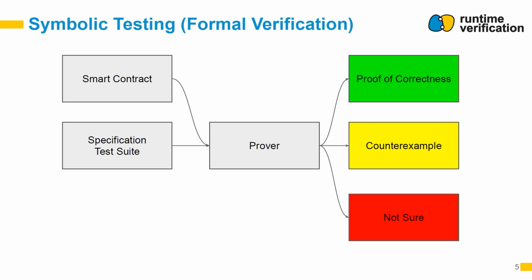So what is symbolic testing now? Symbolic testing also just takes a Solidity test, but it executes the test not on random inputs but on abstract states. The cool thing here is that instead of a fuzzer, you have a prover, and the prover can either say, hey, I found a counterexample, so great, you need to go fix your smart contract, or it says, I have a proof that no such counterexample can exist.